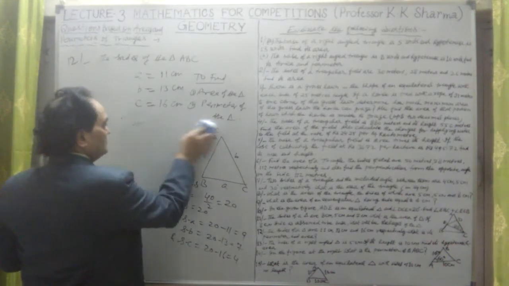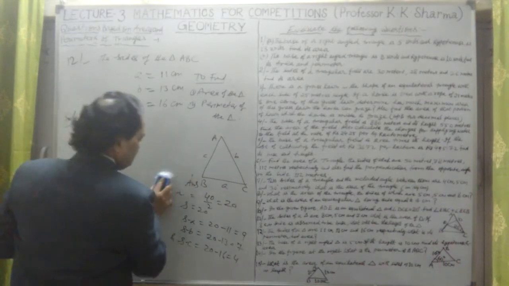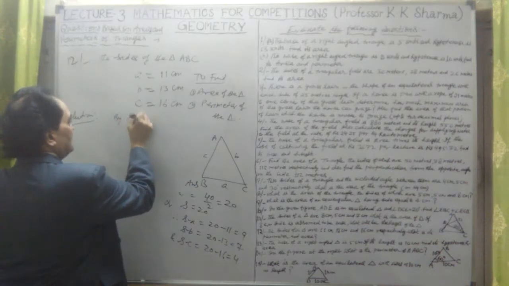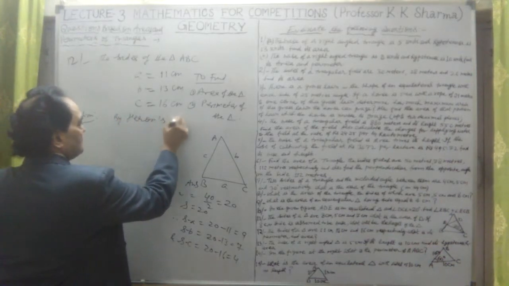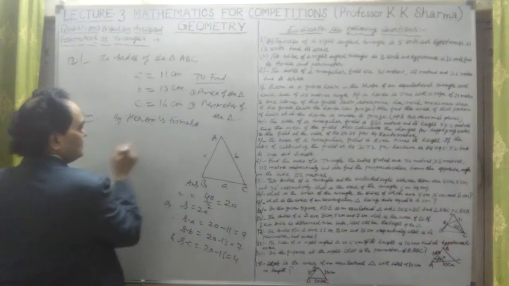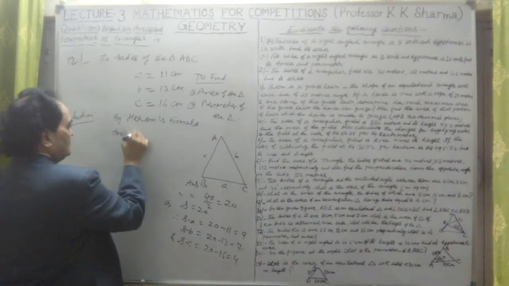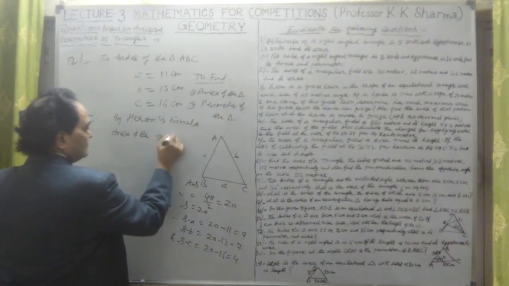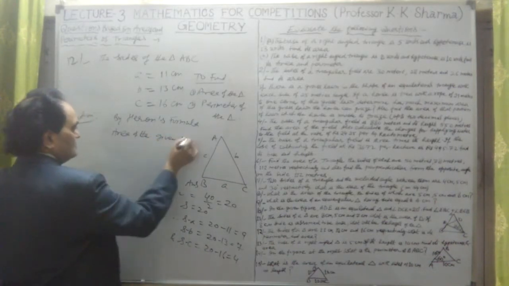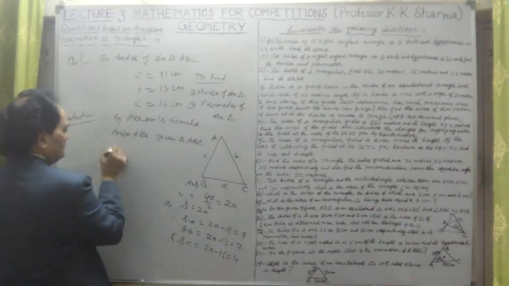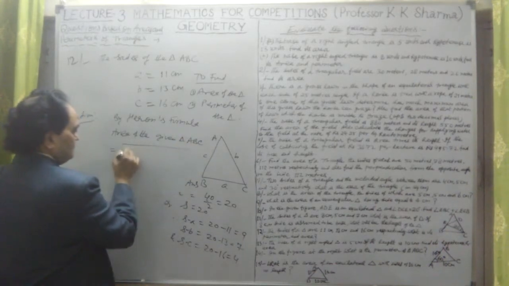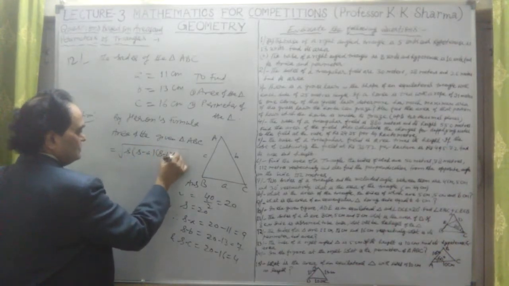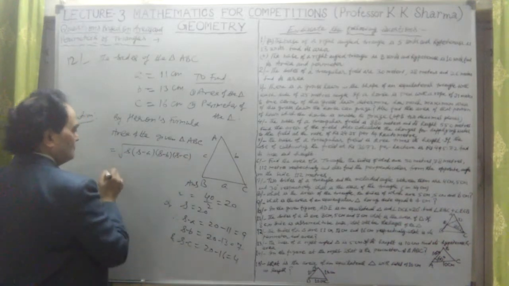By Heron's formula, the area of the given triangle ABC is equal to the square root of s into s minus a into s minus b into s minus c. This is the formula for the area.